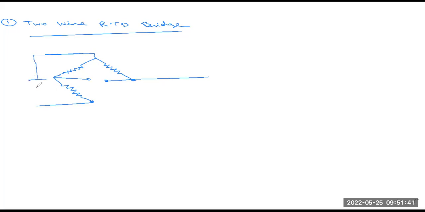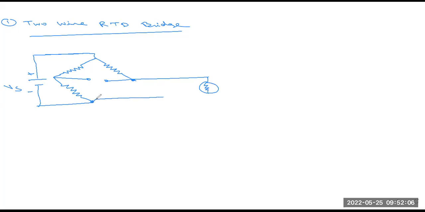One voltage source you have to give here, Vs, positive and negative, and at another point here the main coil we have to attach. This is for the RTD material, either platinum, nickel or copper.